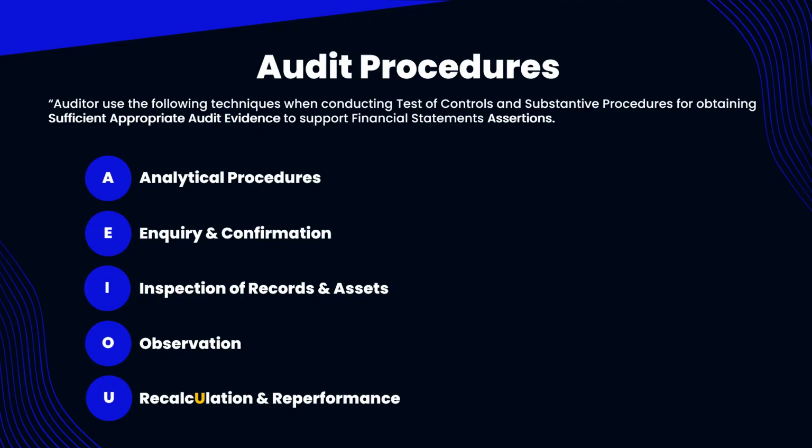It's like verifying mathematical accuracy and also reperforming the details of the financial statements that have been provided by the management. So auditors use recalculation and reperformance as a procedure to independently verify the financial information and balances. So these were the audit procedures or techniques.